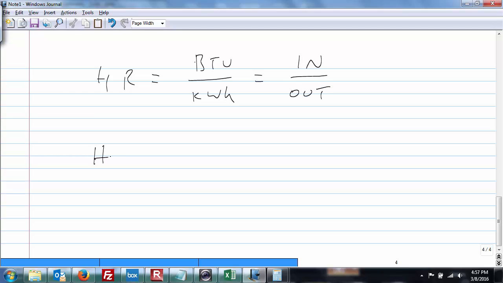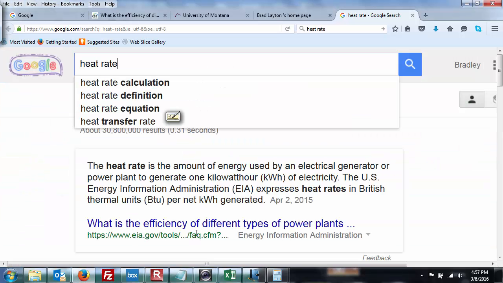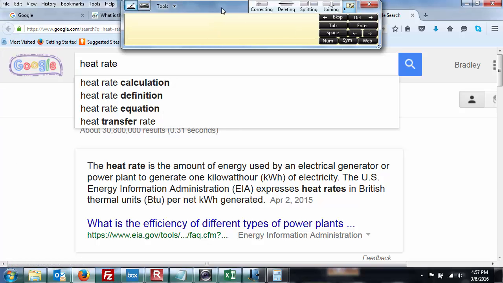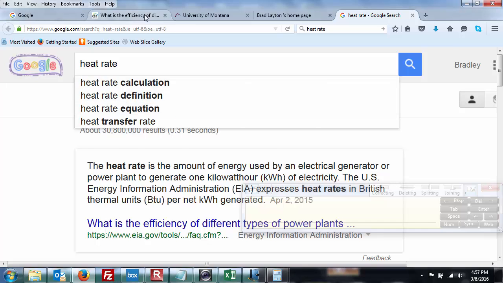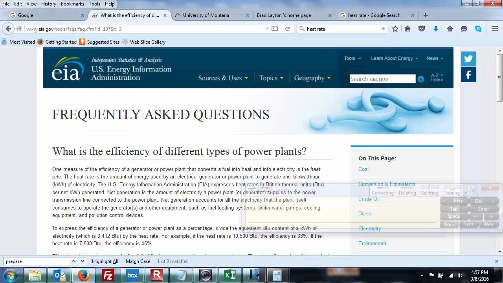So heat rate equals 1 over efficiency, because efficiency equals out over in. Okay, that's why it's always confusing, but I want to clear that air. Okay, let's go back.